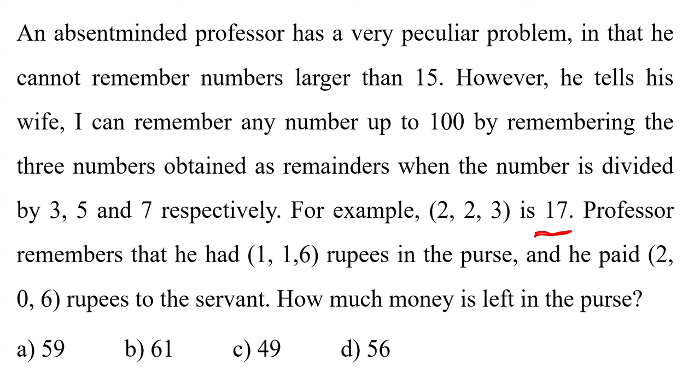Then 17 percentage 5, when 17 is divided by 5, what is the remainder? 2. 17 percentage 7, when 17 is divided by 7, 7 times 2 is 14, remainder 3. Now 2, 2, 3. This is how he can remember. Instead of 17, he will note it down as 2, 2, 3.